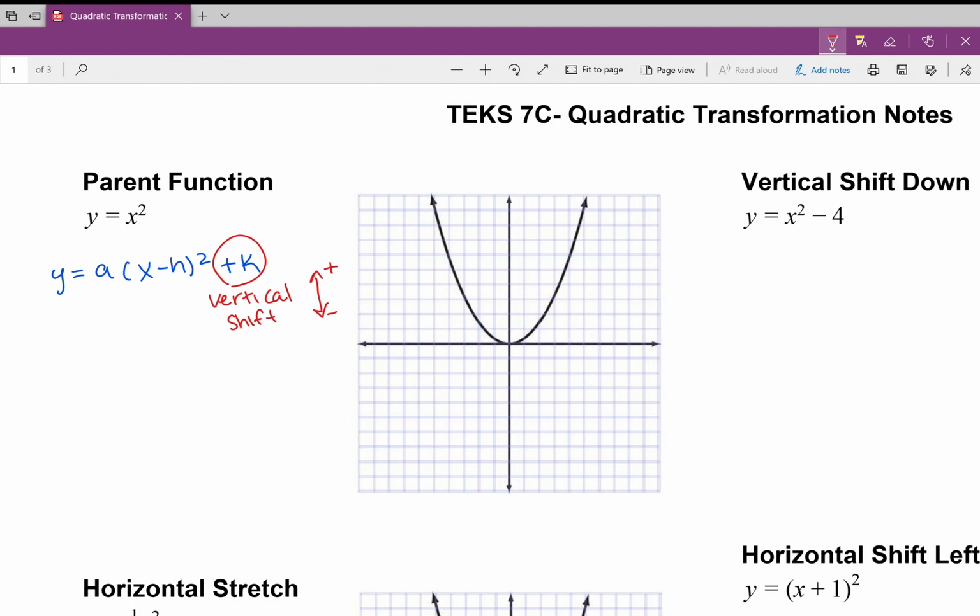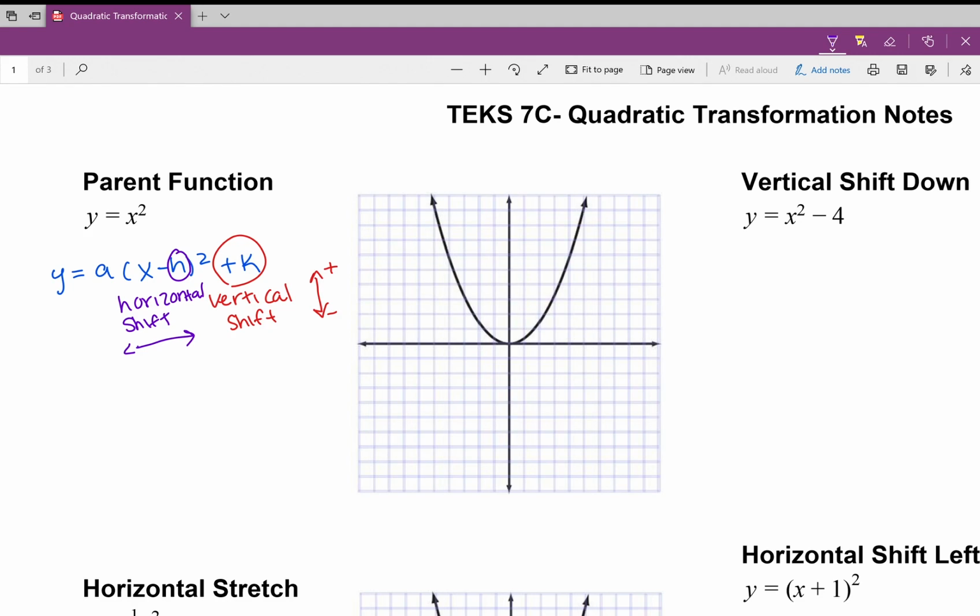H is going to be identified as a horizontal shift. That's pretty easy to remember because h and horizontal start with the same letter. A horizontal shift, remember, is left and right.